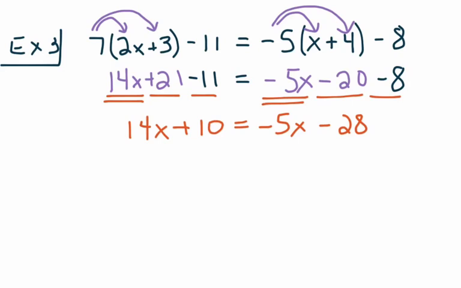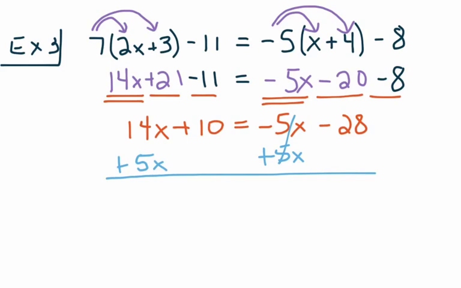And I start by looking at my variable terms. Positive 14 for a coefficient here, negative 5 for my coefficient over here. So I want to move my smaller coefficient. So I'm going to add 5x to both sides. That'll cause these to cancel on the right.